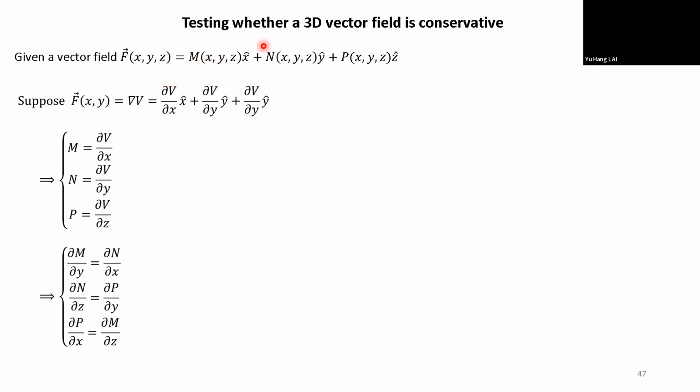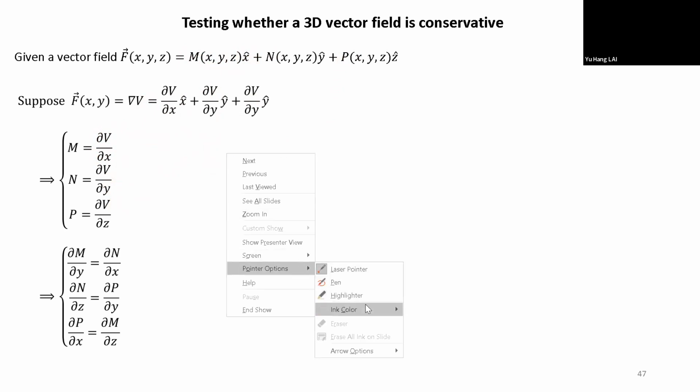If I have this vector field, M x hat plus N y hat plus P z hat, and it can be written as the gradient of some function, that means M can be written as partial v partial x, N as partial v partial y, and P as partial v partial z.